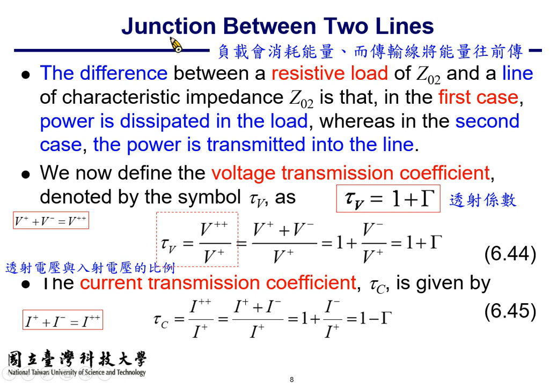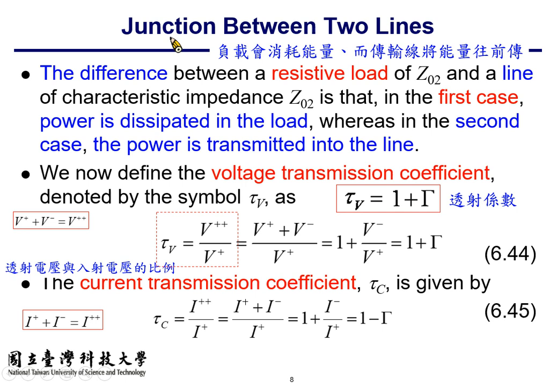And the difference is that R sub L is an actual resistor, while Z sub 0 is just the characteristic impedance of the following section. So in this case, the following section will accept part of the incident energy and deliver it to the right, while the resistive load here will absorb the incident energy. So be careful about these expressions.